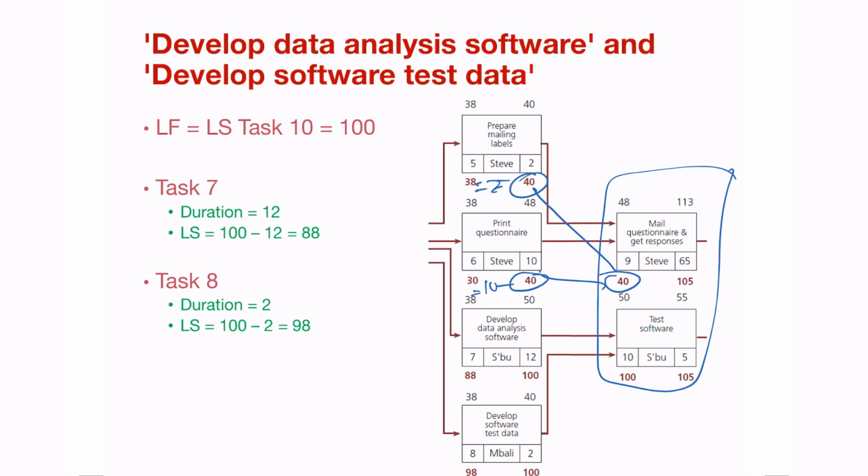The latest we can start with testing of the software is on day 100, which means that for the data analysis, the latest it can finish is on day 100. It takes 12 days, which leaves us with 88 and 98.